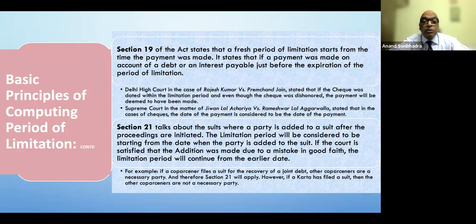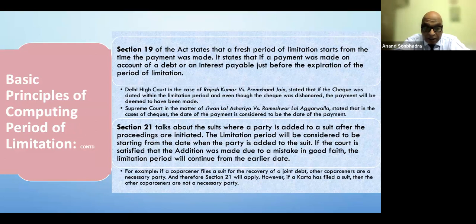So if a co-partner files a suit for recovery of the joint debt, other co-partners are a necessary party, and therefore section 21 will apply. However, if a karta has filed a suit, then the other co-partners are not a necessary party.